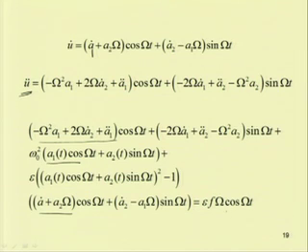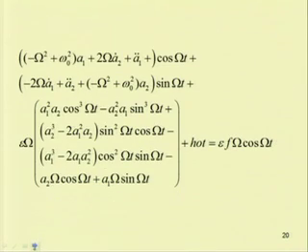Similarly, collecting the terms with sin omega t, this term is sin omega t, this term is also for sin omega t, and with minus 1 multiplied, this term also contains sin omega t. So, one can write these terms in that way.